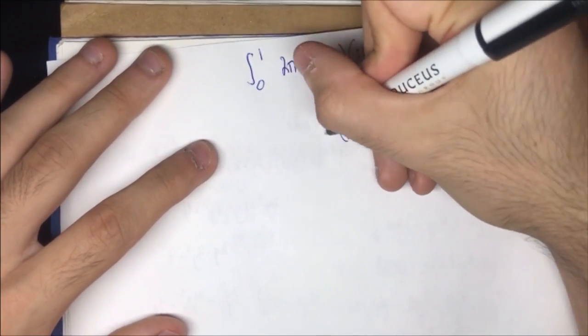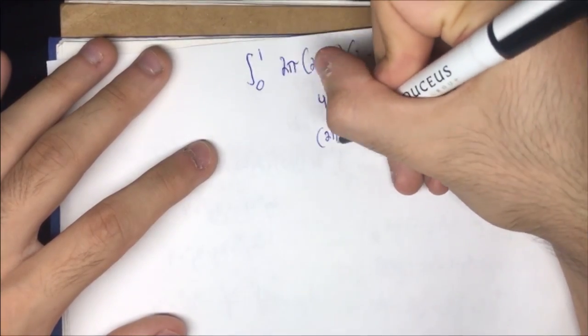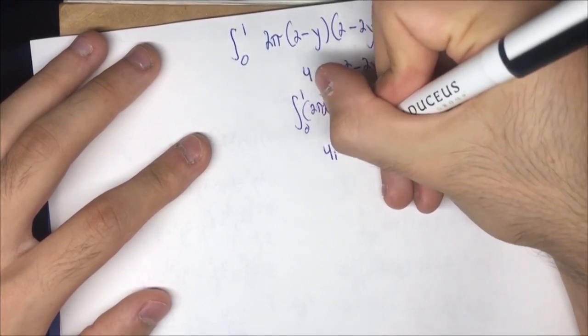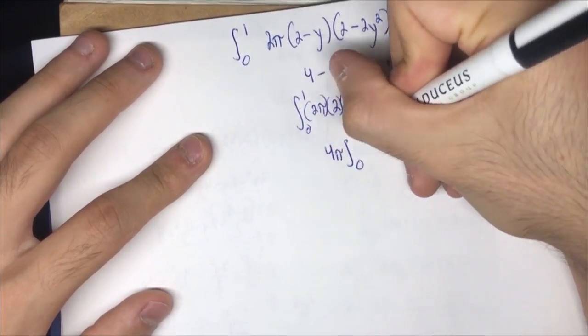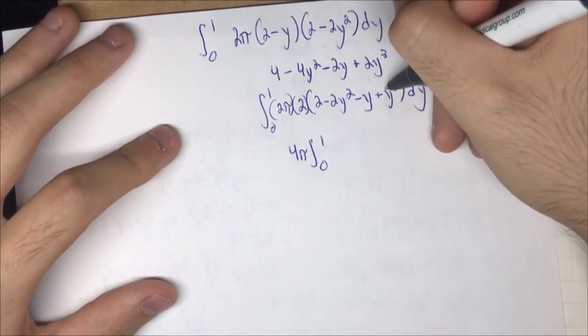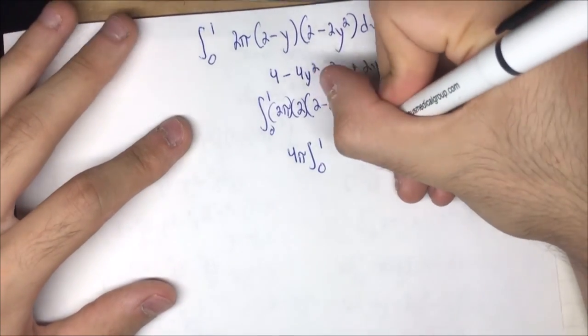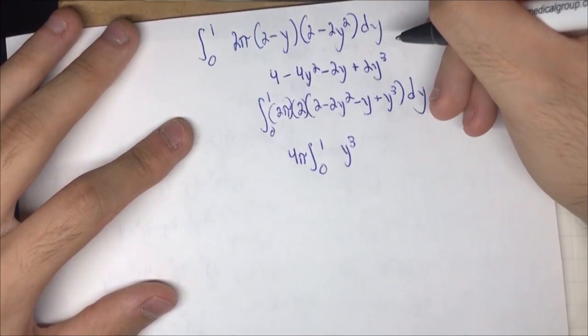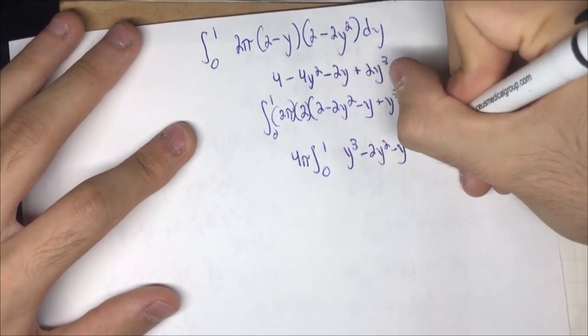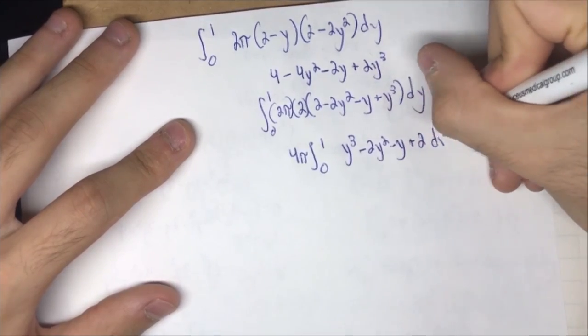Cool. And this 2 is being multiplied by this 2 pi, so that would be a 4 pi, and let's move that out in front. So 4 pi, 0 and 1 here. And then let's just rearrange this to make it easier to see: y cubed minus 2y squared minus y plus 2 dy.